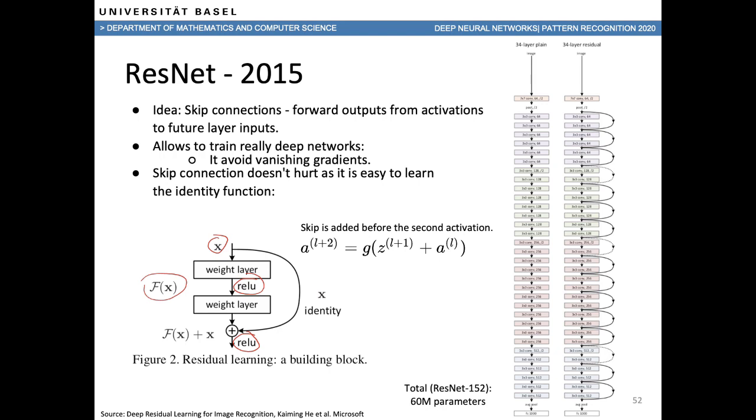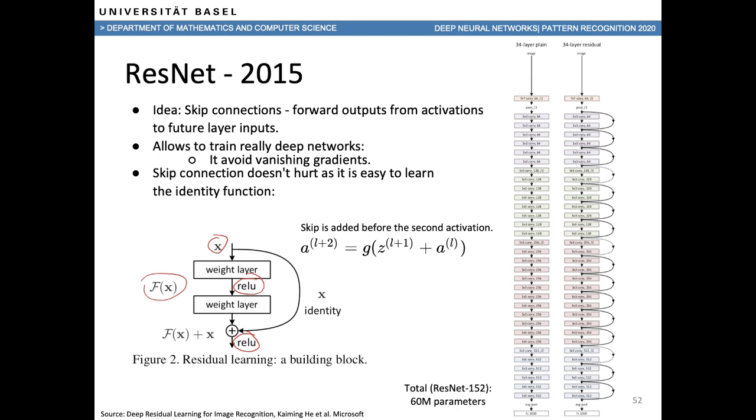Here on the right side, we just have an example of how a 34-layer plain and also residual network looks like, where we see that in the residual version, there are skip connections all the way through. We also see that the network follows partially the same trick as in the VGG to double the feature maps when we perform pooling.